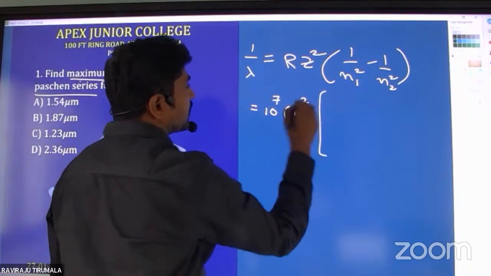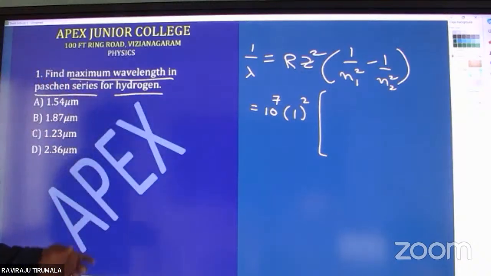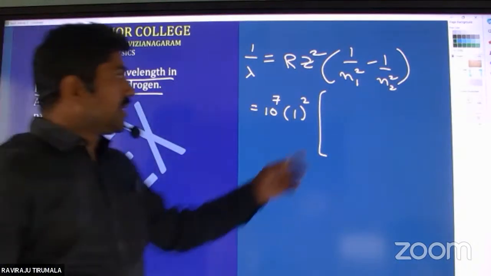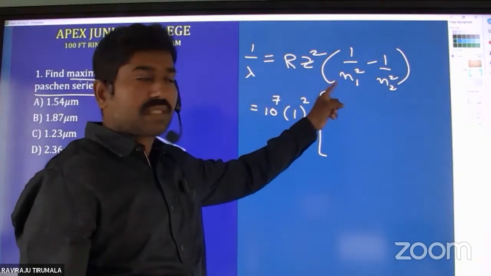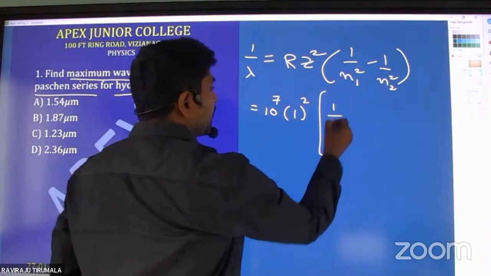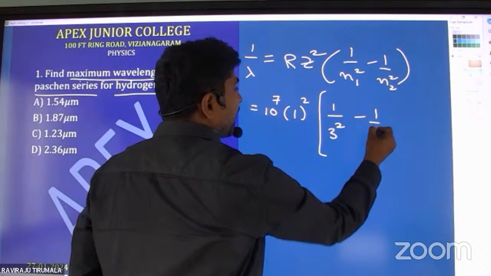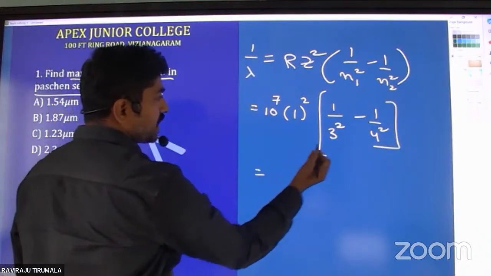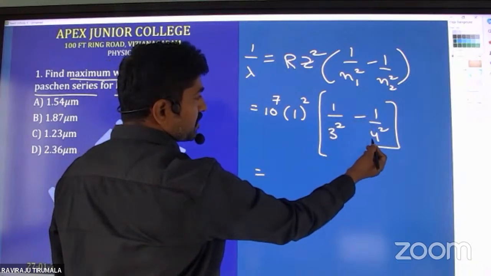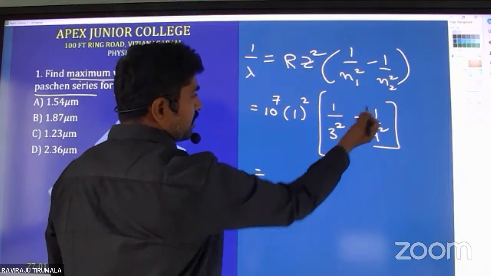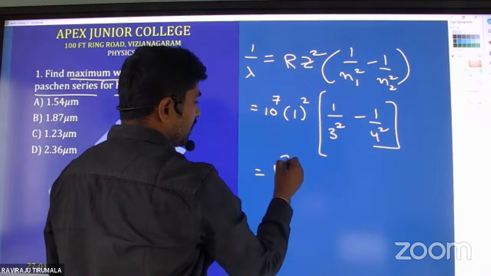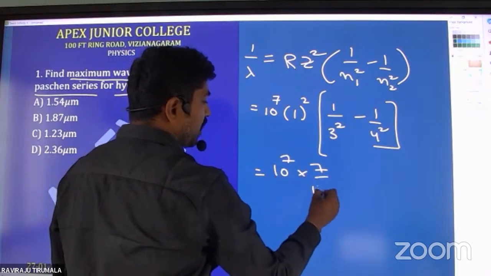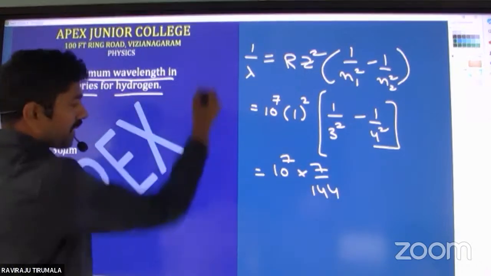Next, from which line to which line does it jump? From fourth to third. So you take 1 by 3 square minus 1 by 4 square. By solving this, you get 1 by 9 minus 1 by 16. By taking LCM, 16 minus 9 is 7, so 7 by 144. This is for 1 by lambda.